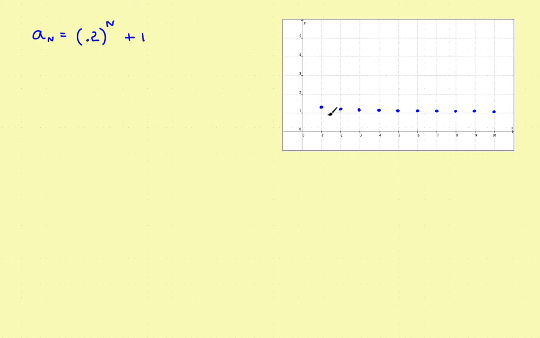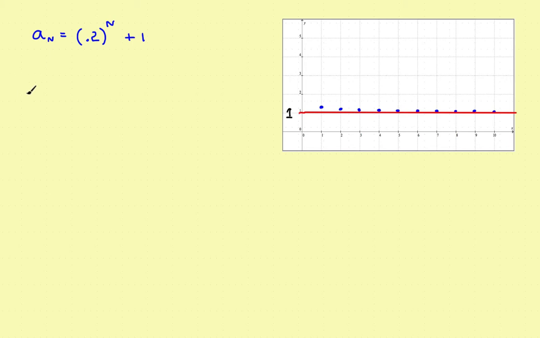It starts out about 1.2, and then these are slowly decreasing, and they seem to be decreasing toward this line right here. And just looking at it, it looks like it would be 1. So they start out a little above 1, and if you take the sequence all the way out, again, visually, it looks like they are converging toward y is equal to 1.